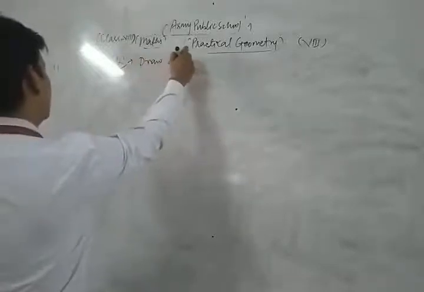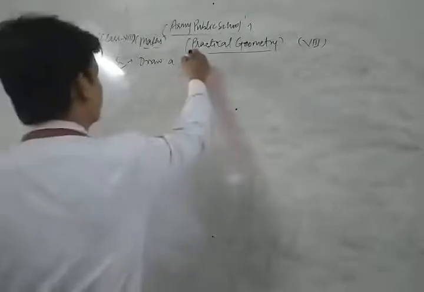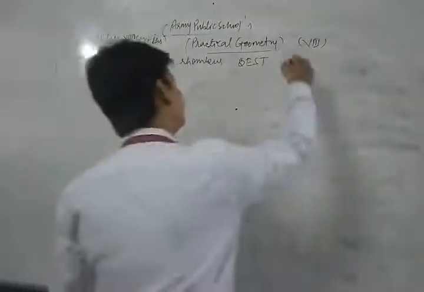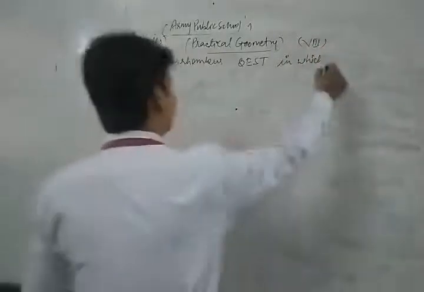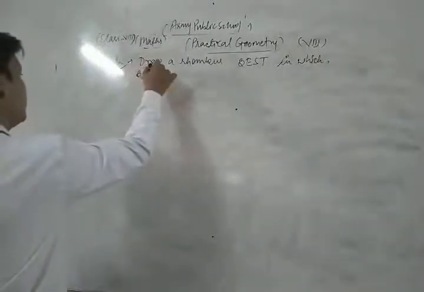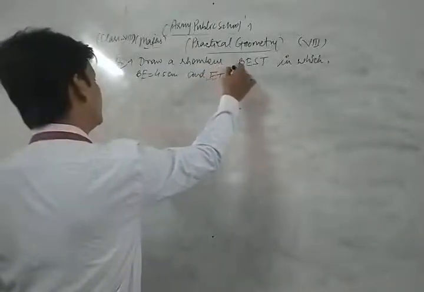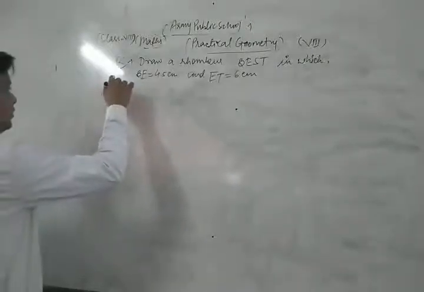Draw a rhombus BEST in which BE is equal to 4.5 centimeter and ET is equal to 6 centimeter. Now let's solve it.